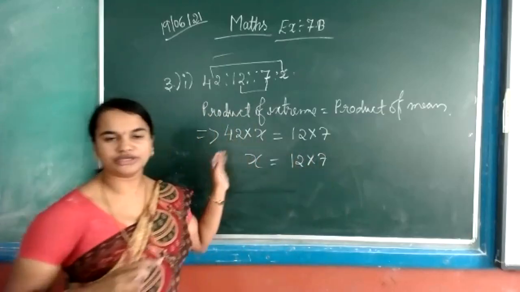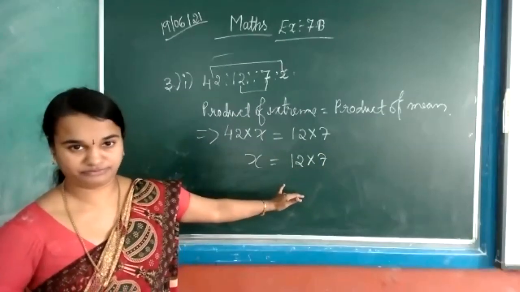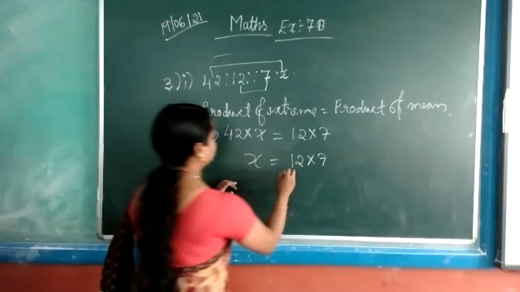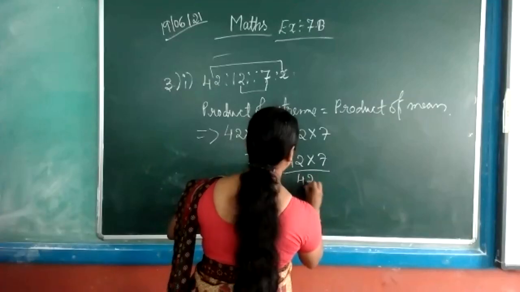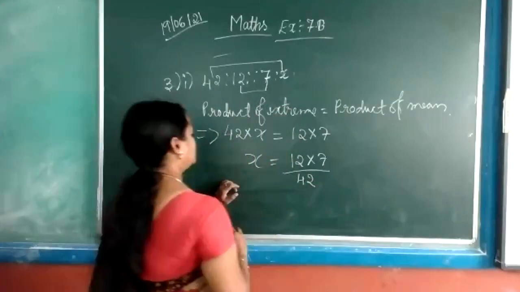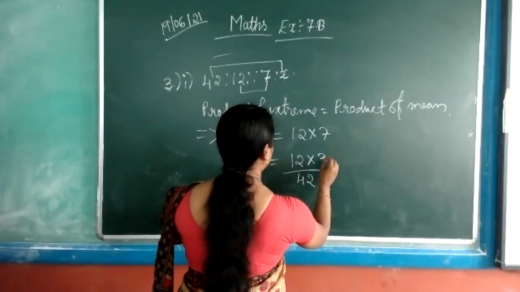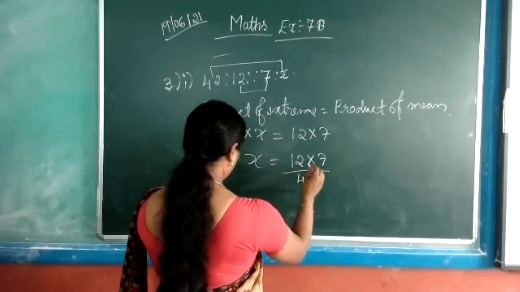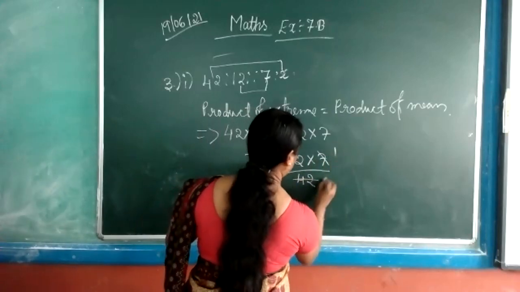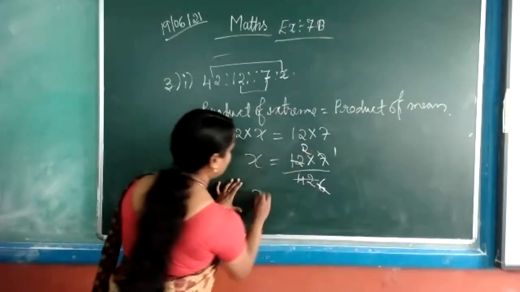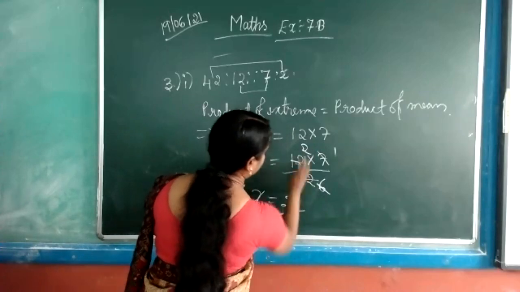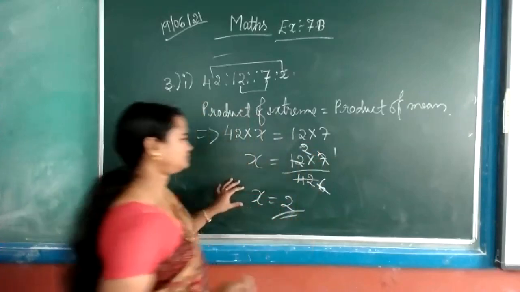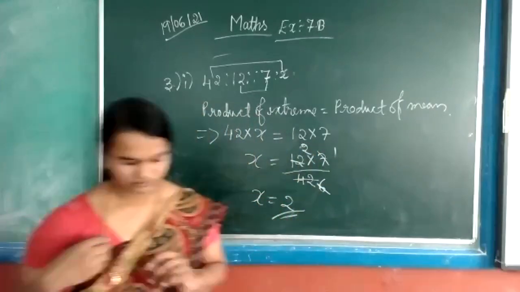So children, 42 it will become divide, isn't it? The value of x is equal to 2. Do it now.